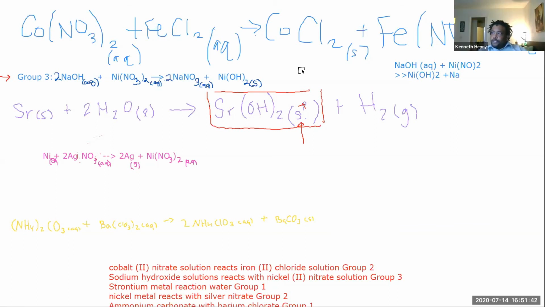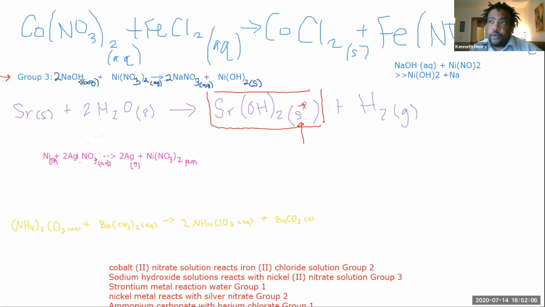Okay, questions, concerns, Cash? When you guys are saying about the parentheses, that it's incorrect with the parentheses, why is that? Because here, the OH, although it represents an ion, you never want to put the parentheses unless you have a number following that.